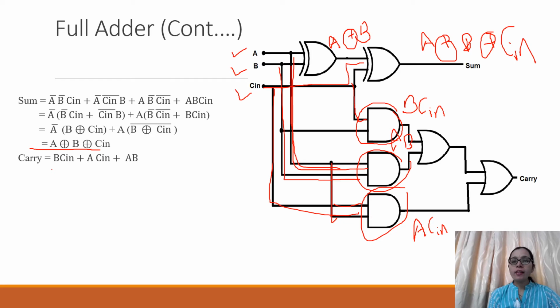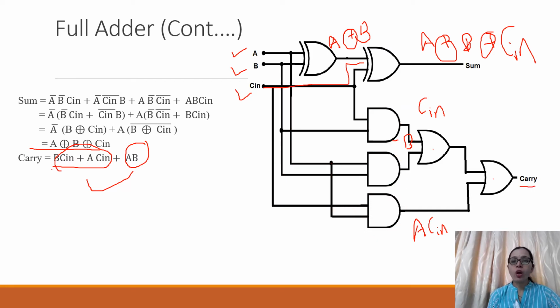After getting these AND products, 2 OR gates are required, one for addition of these and then one for addition of these. Therefore 2 OR gates are shown here and the final output is carry. So this is the way the full adder is drawn using the simplified expression.